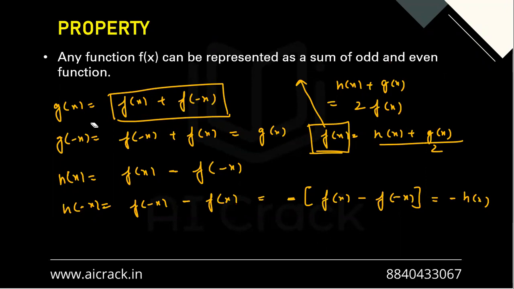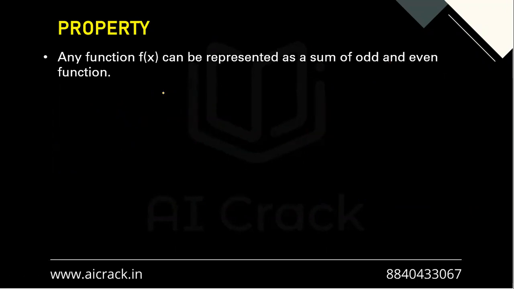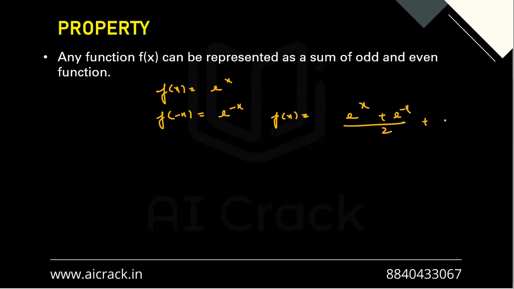So let's remove this and let's take one example. Let's take f(x) equals e raised to power x. So basically f(-x) equals e raised to power minus x. Now if I write f(x) in terms of both of these, I'll write f(x) equals (e^x plus e^-x) divided by 2 plus (e^x minus e^-x) divided by 2.